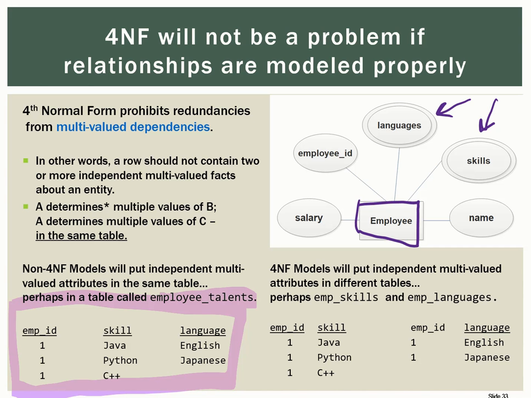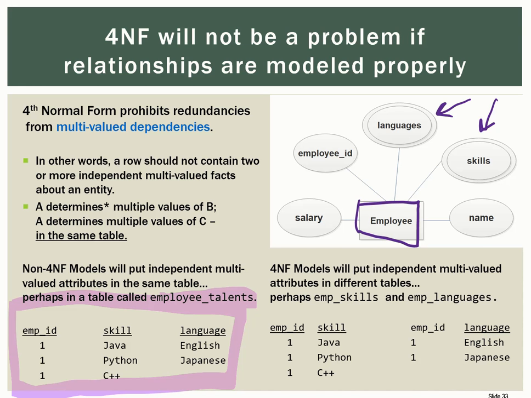I'm not sure. But you can see that employee 1 knows Java, Python, and C++, also knows English and Japanese. So rather than having two tables and filling in all the information, it's all shoved into one called employee talents, and here we are. But this is not good for a few reasons.